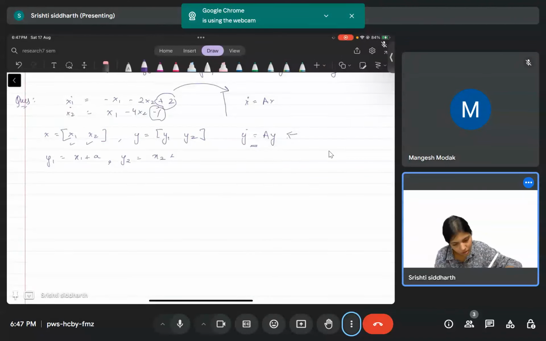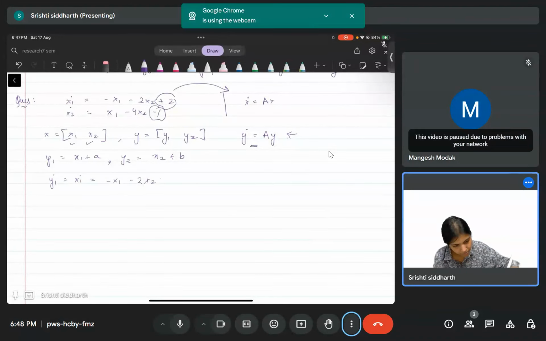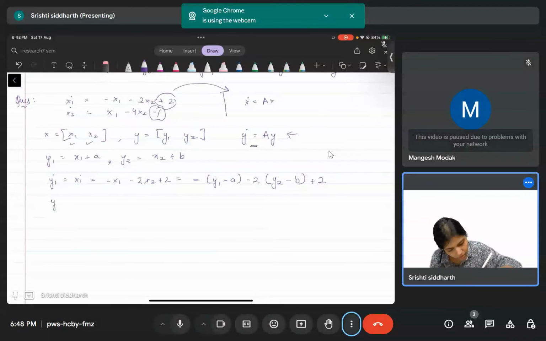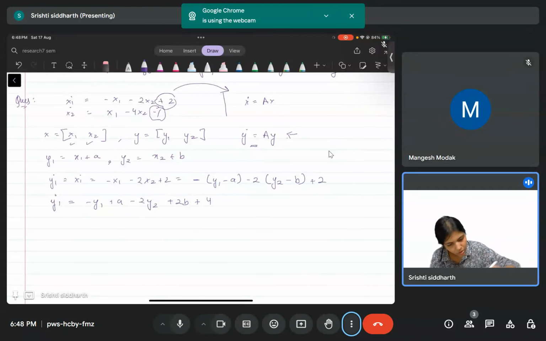This is simply in terms of y1 and y2 now. So this is going to be plus a minus b/2 plus 4b plus 2.